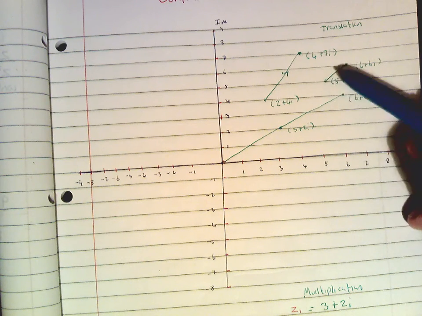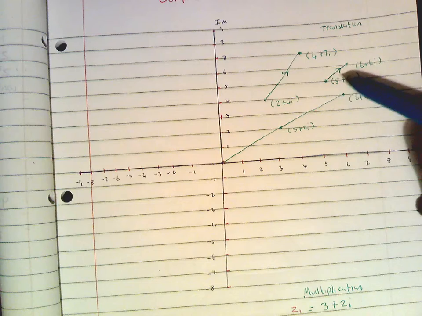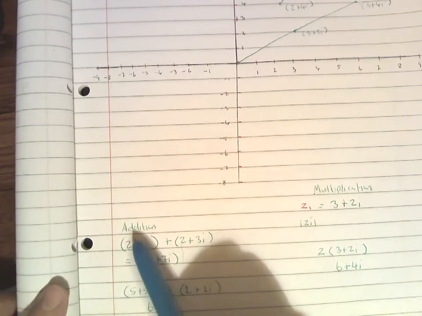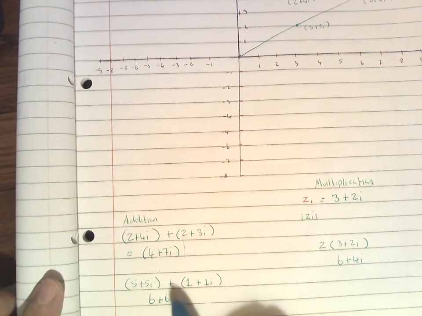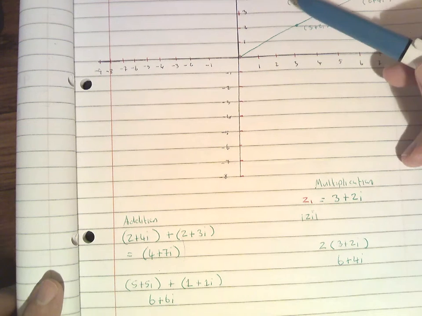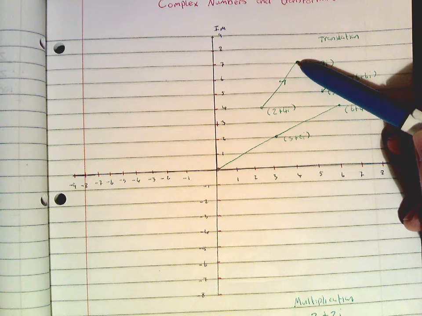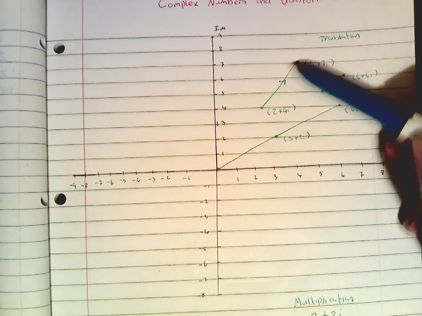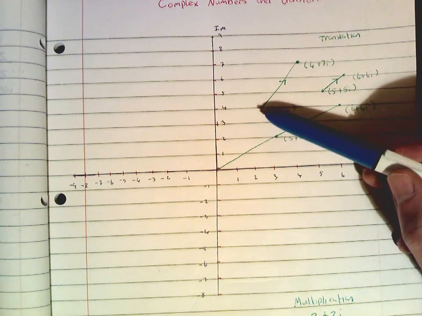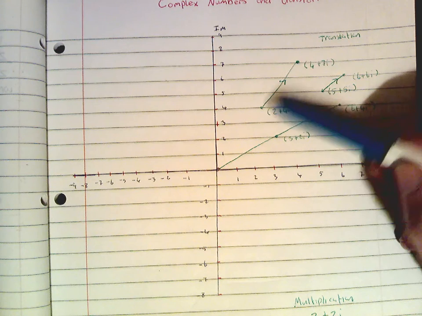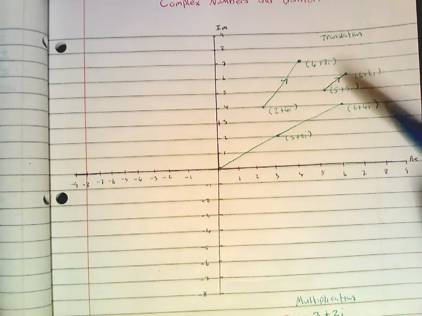They're moving a given distance, but in the same direction. And that's what happens when you add complex numbers to each other. That's the way that they'll move.